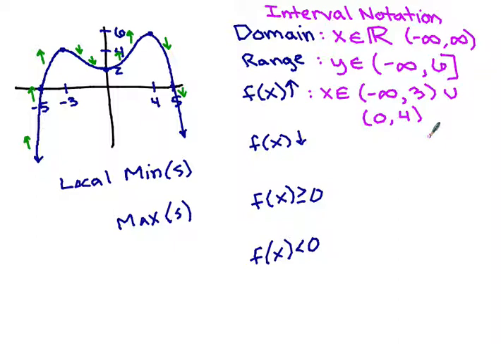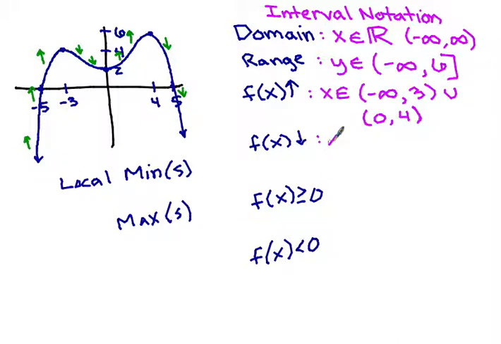Yes. Use square brackets? So I'm not going to use square brackets here because when I'm at the top, this is a good question. When I'm at the top or bottom, I'm not really increasing or decreasing. My slope is 0. And so we're going to use curved brackets because at those endpoints, it's actually not increasing or decreasing.